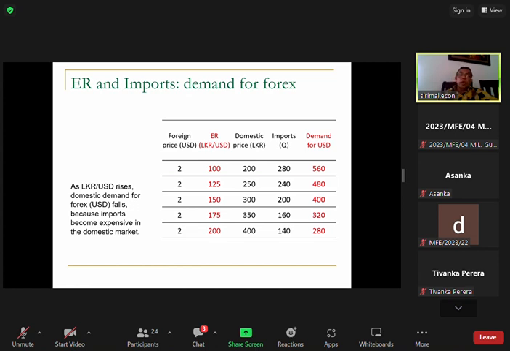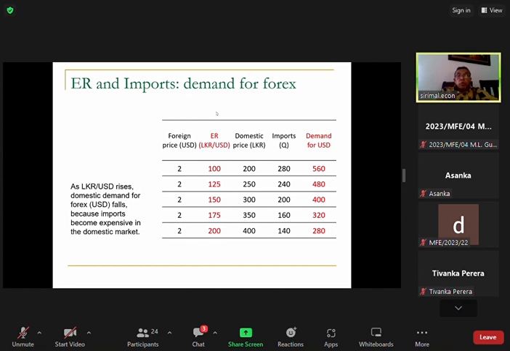So we are going to look at the import side only, because the export side is important for supply. Here we are looking at trade in goods and services and how demand changes in line with exchange rate appreciation or depreciation. So I'm going to take a simple example of imports.